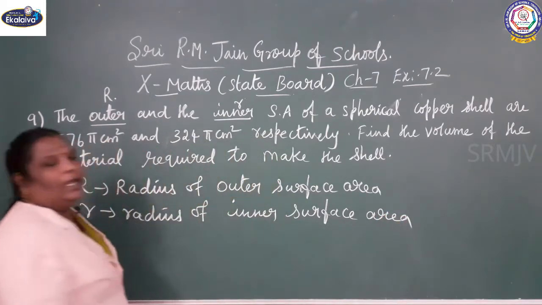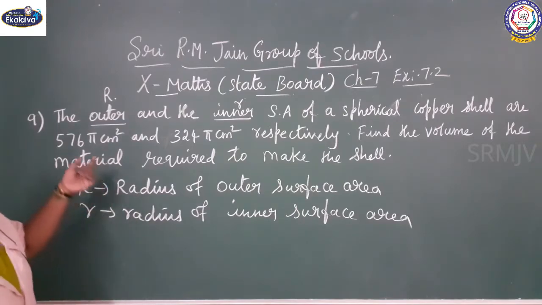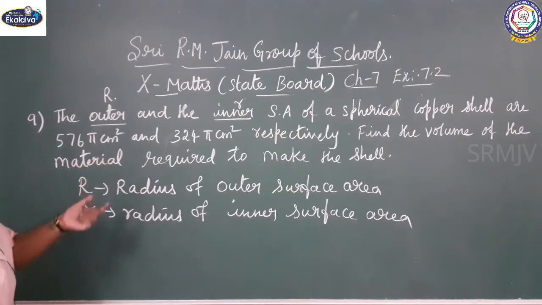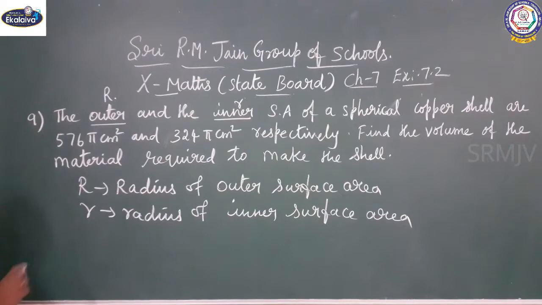So outer surface area, what is the surface area value they have given in the question? 576 pi centimeter square.